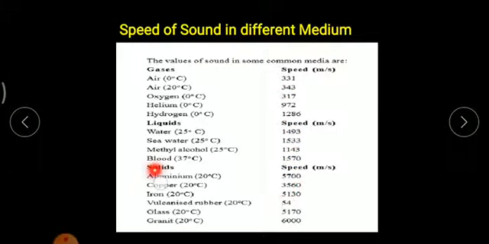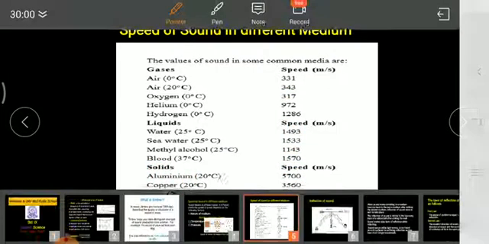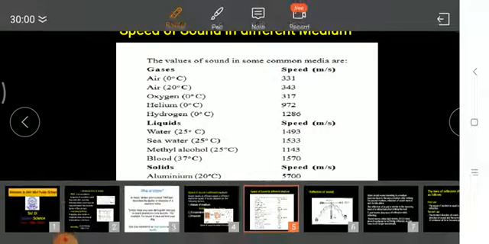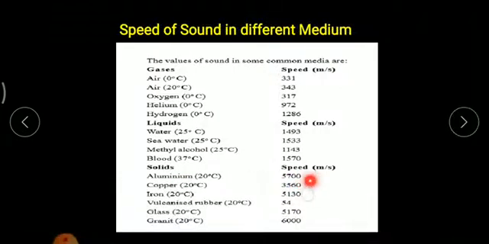For solid substances, as you can see, for a solid like aluminium at 20 degrees Celsius, the speed of sound is 5700, whereas in copper it is 3560. So in solids, the velocity of sound is fastest. In gaseous it is least. It is traveling at a very fast 5700 meter per second.